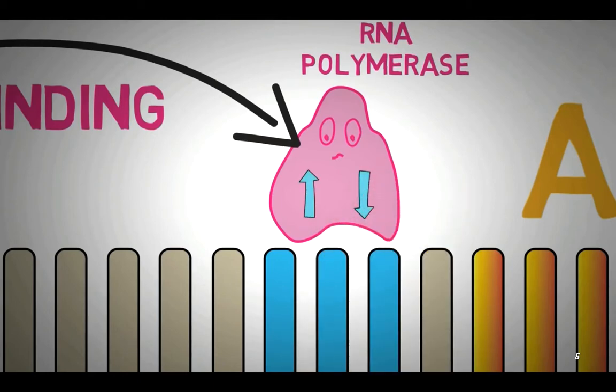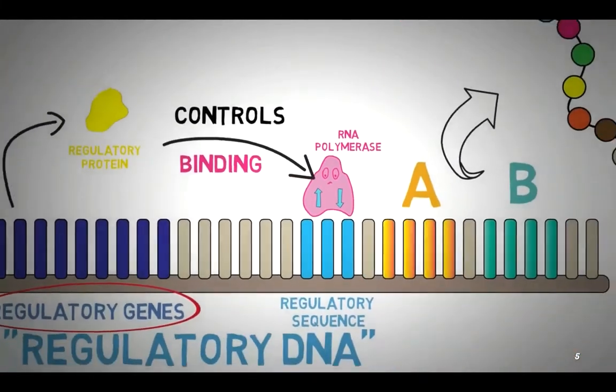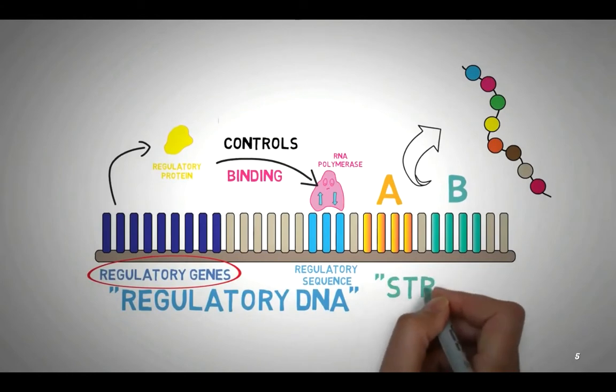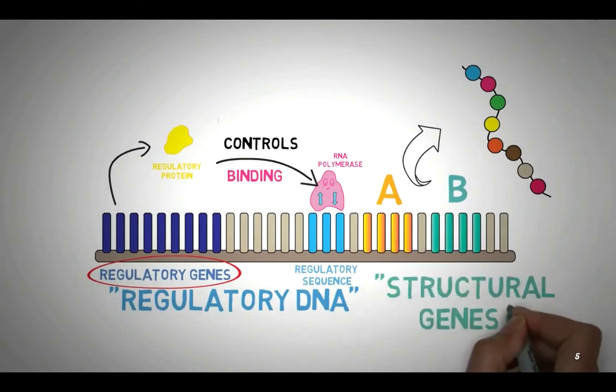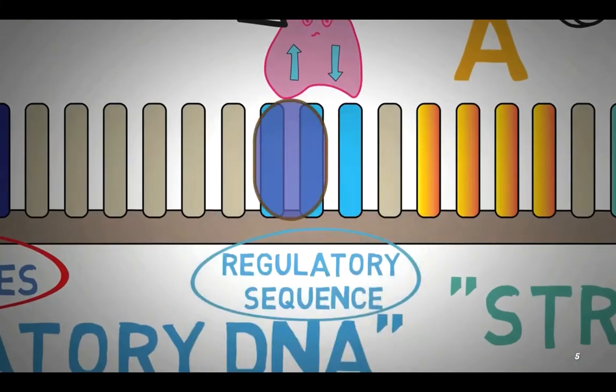So this is the basic model of how gene regulation works at the level of transcription. We have regulatory genes that control the rate of transcription of the protein coding genes, also known as the structural genes. The regulatory sequence is in turn divided into an operator, promoter, and many other parts, the details of which we will talk about later in this video.